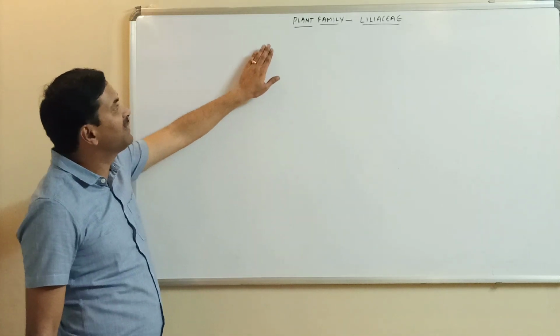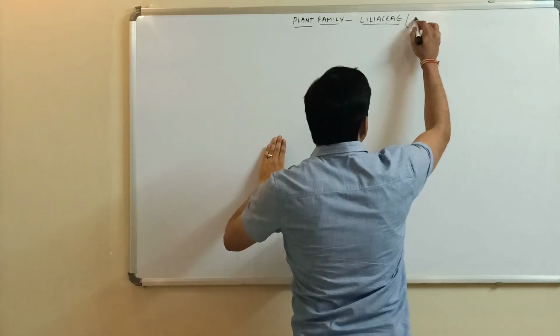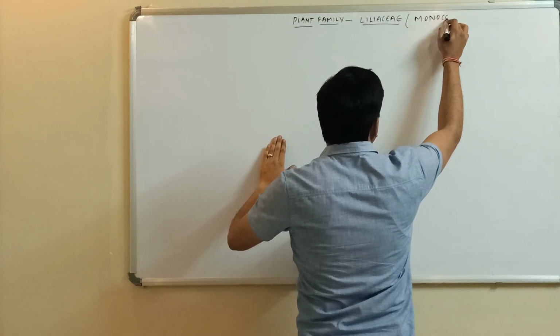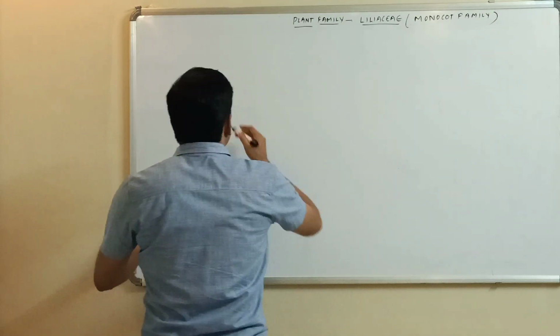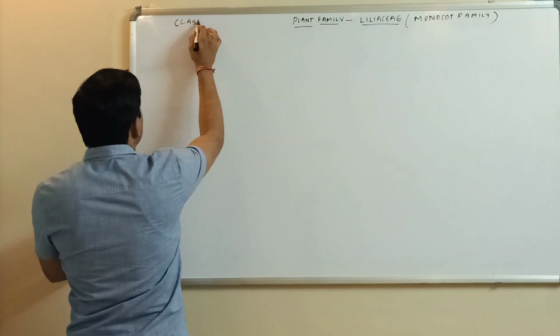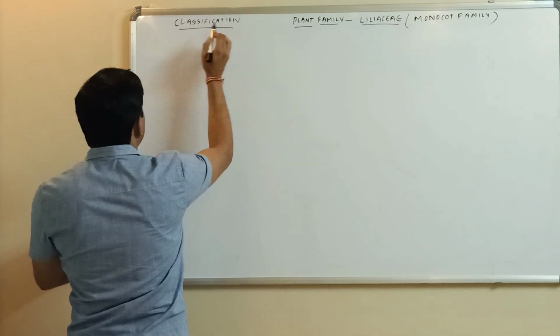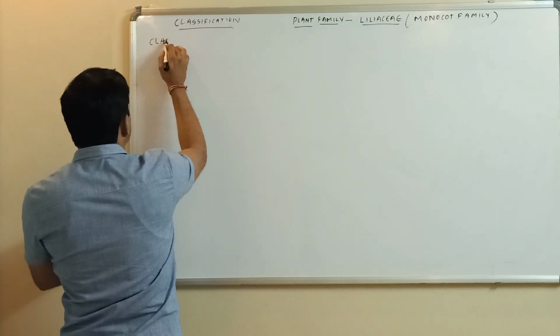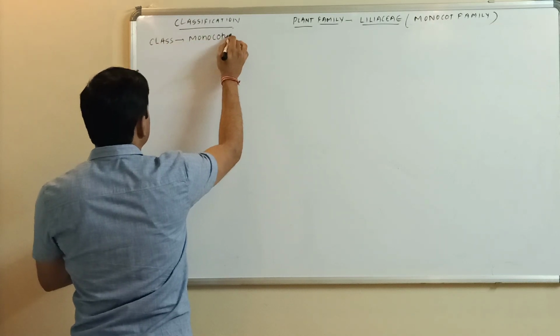Today we are going to study a plant family known as the Liliaceae family, and this Liliaceae family is a monocot family. If I talk about the classification of this family, then the class of this family is Monocotyledone.